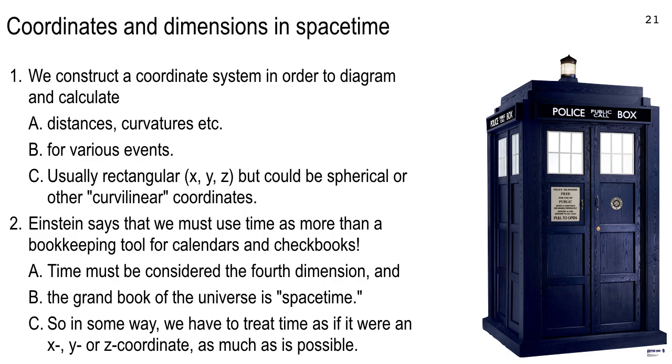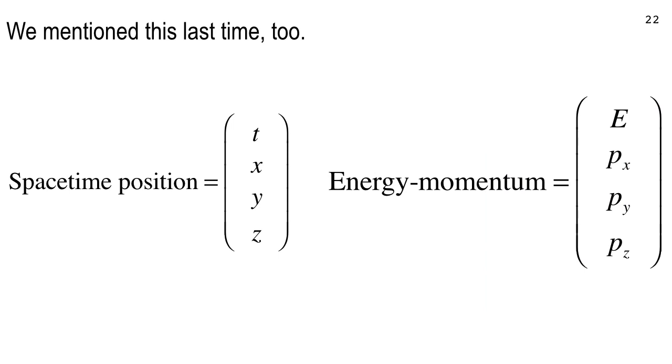All right. Now here's another thing that we mentioned last time, and that's the position and the energy momentum vectors. Now, this is a fancy way of expressing X, Y, Z coordinates in a column vector like that. And notice in the very first one, it's time. All right. And that's a column vector in space-time giving the position and the time of a certain event.